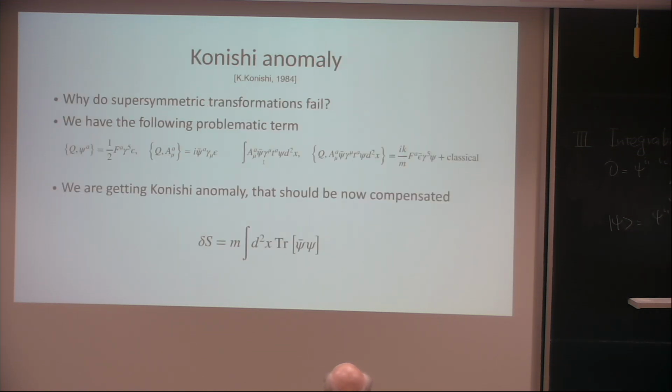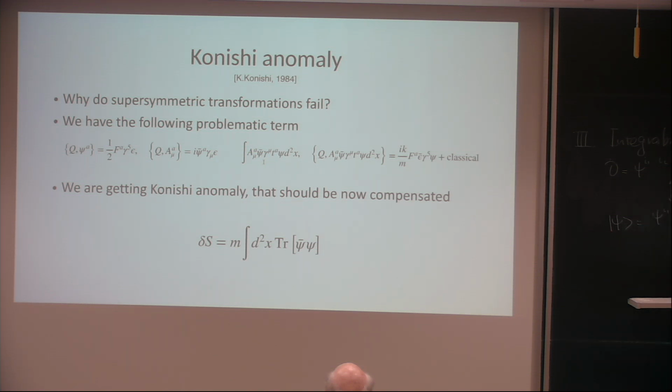Okay. But let us come back to the classical Lagrangian and see where it fails at the quantum level. So we have the supersymmetry transformations in 2D that map psi to gauge bosons and gauge bosons to psi. And if we stare at the action long enough, we will see the following problematic term coming from the interaction between gauge bosons and the fermion current.